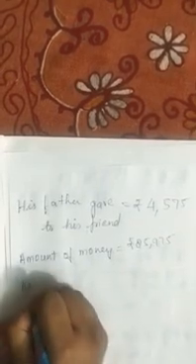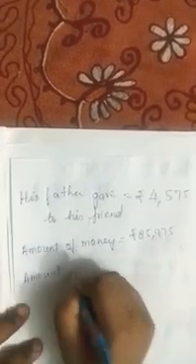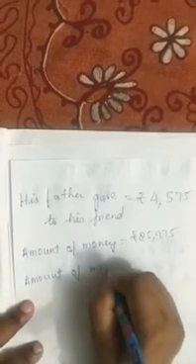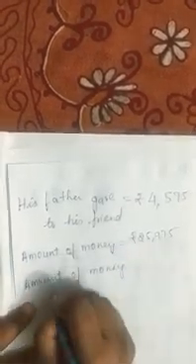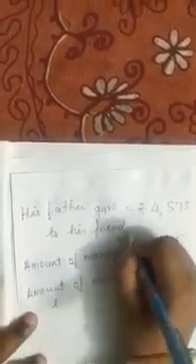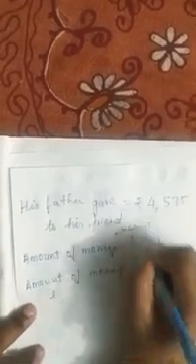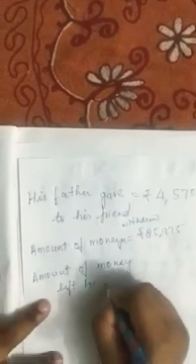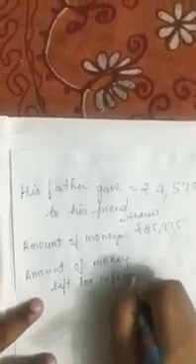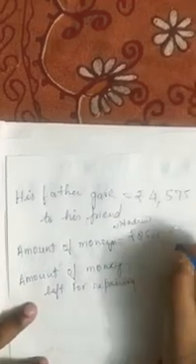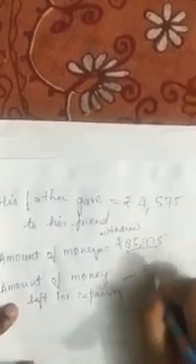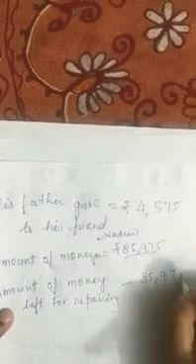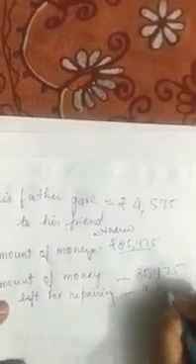So the amount of money left for repairing. What we will do? We will subtract the helping amount from the amount that was withdrew from the bank for repairing, 85,975. So we will subtract it.